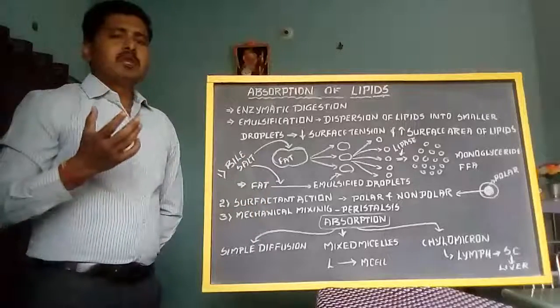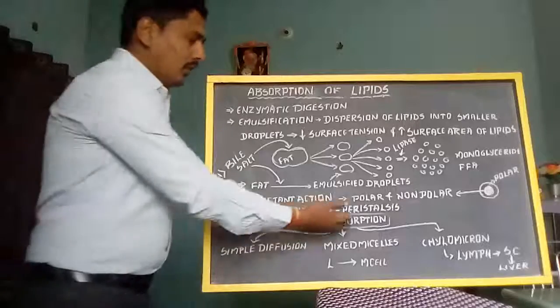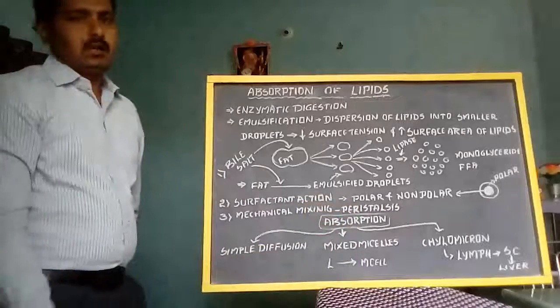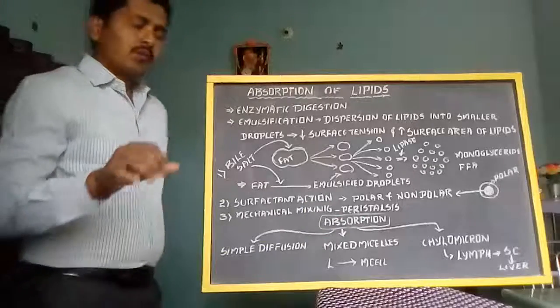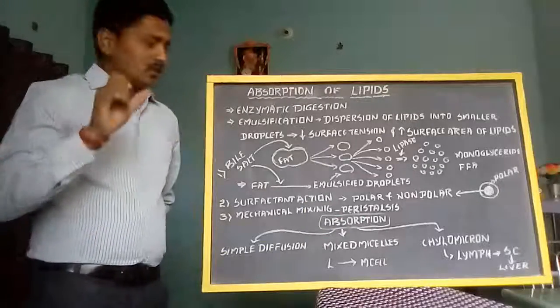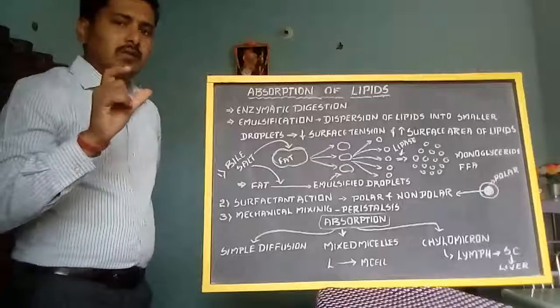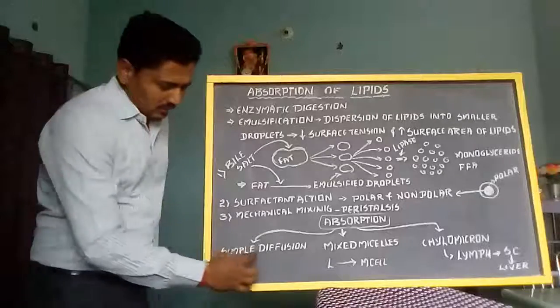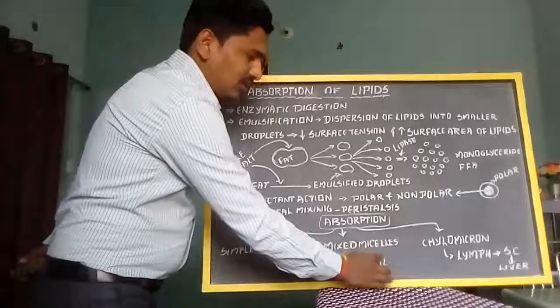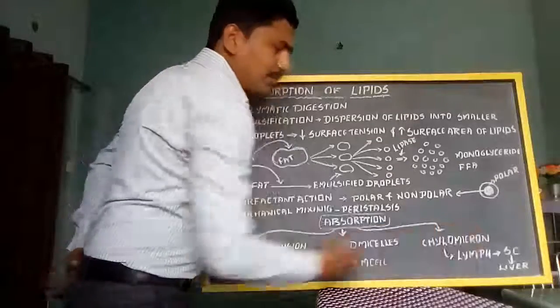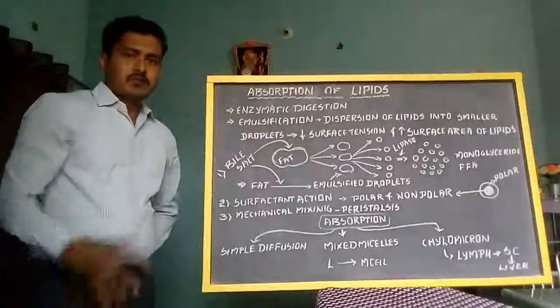After the emulsification process, only then will the process of absorption take place. The absorption of lipid follows 3 main vital things. First one is simple diffusion, second one is formation of mixed micelle, and last one is formation of chylomicrons.